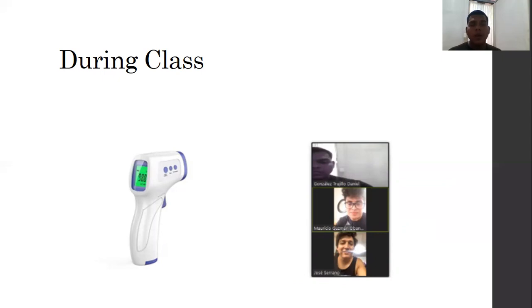So I ask each of them. So when I ask Jose, as you can see, there is one whose name is Jose. The other one is Mauricio. If I ask Jose, what is this? Mauricio, of course, has to be muted. And if I ask Mauricio, Jose has to be muted.